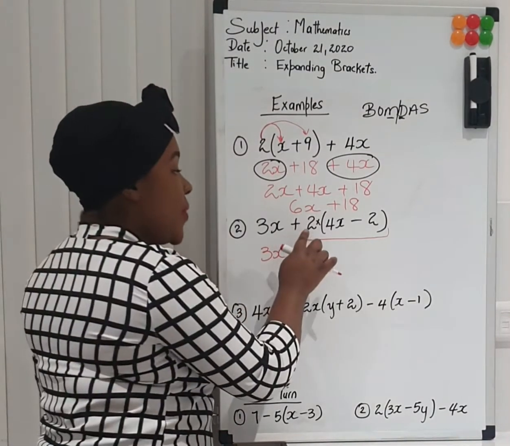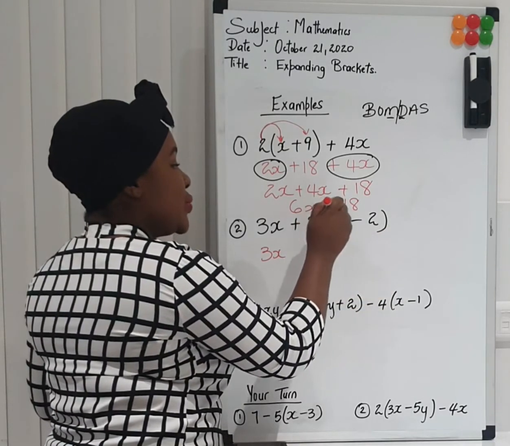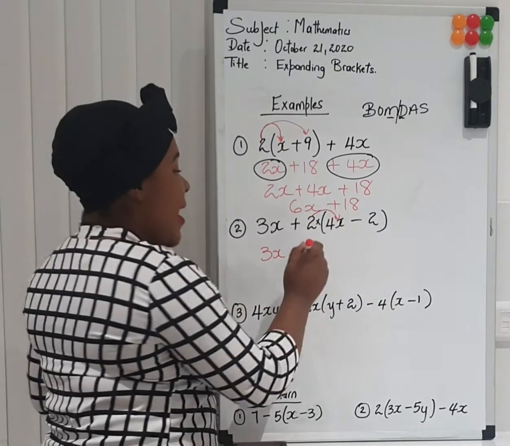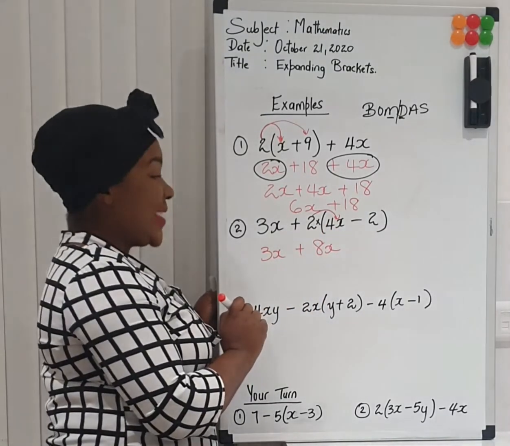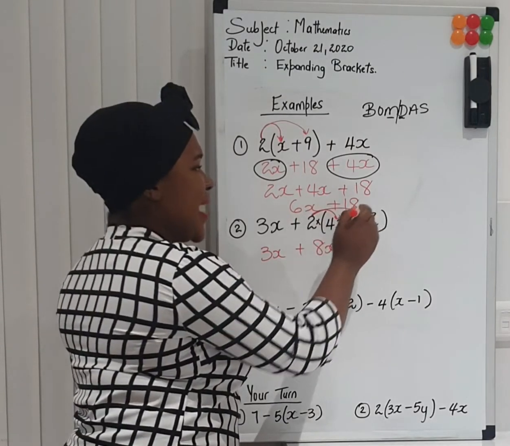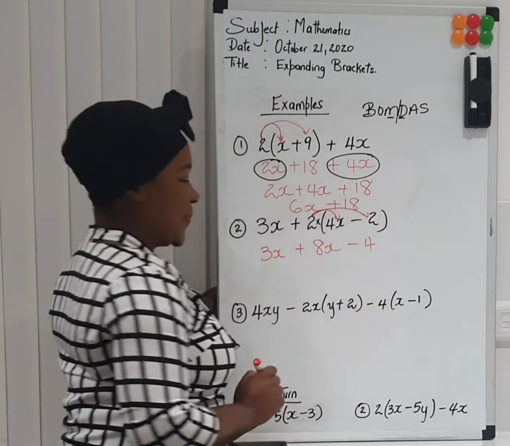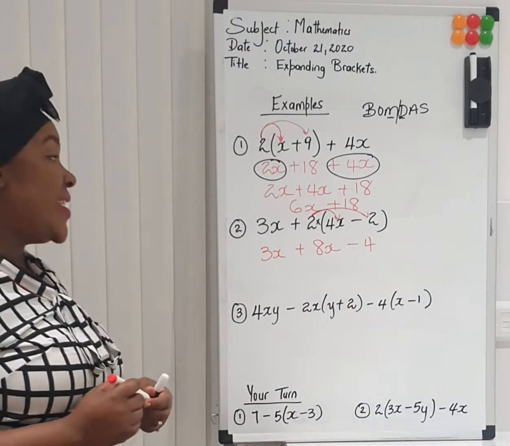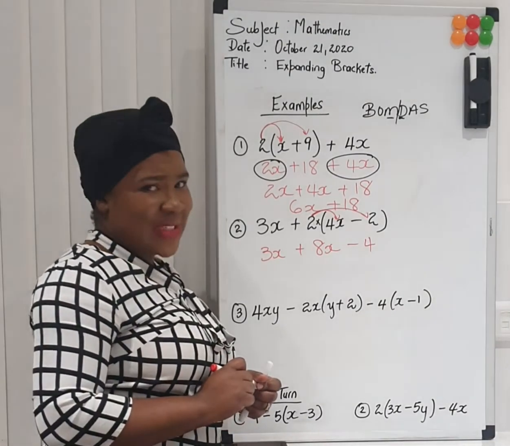Alright, and then we're going to go ahead and do our multiplication. So we say 2 times 4x, and that is 8x. Yes, 8x. And then we say 2 times negative 2, and that's negative 4. And now we're going to simplify as much as we can.